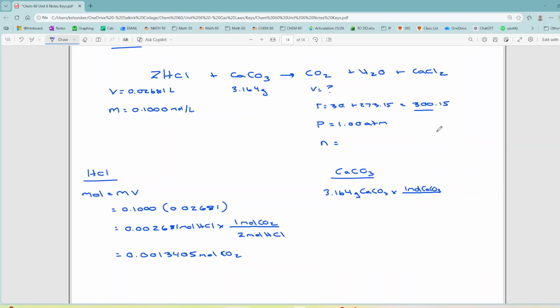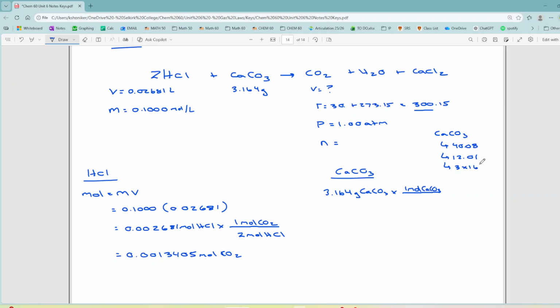So calcium carbonate is 1 calcium, what is that, 22.99? Nope, 40.08. Carbon is 12.01 and 3 oxygens.